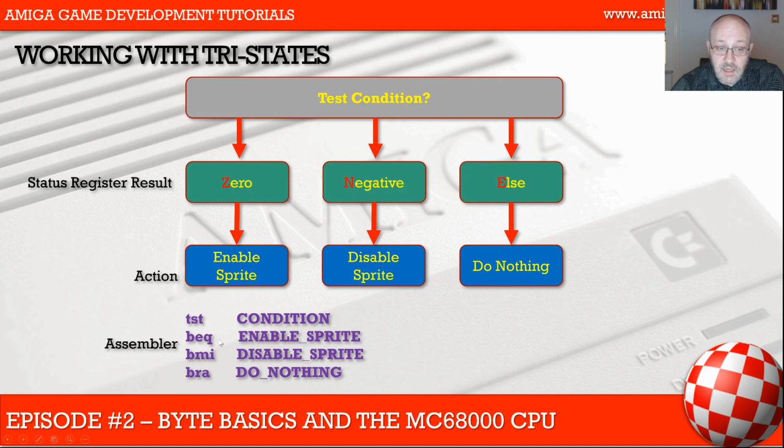But if the BEQ is false, then the program counter drops into the branch if minus, and if that doesn't ring true, then the only action left, which is this else here, is just do nothing. And this is a really efficient way of coding this tri-state condition, and I use it all of the time in my games.